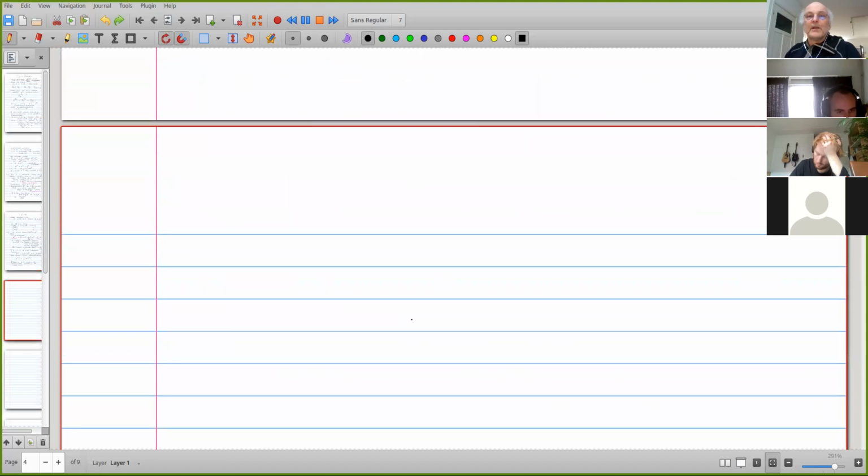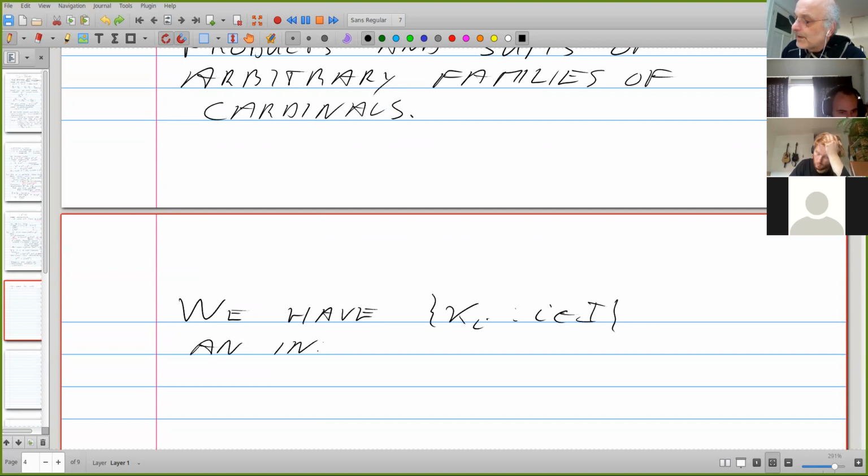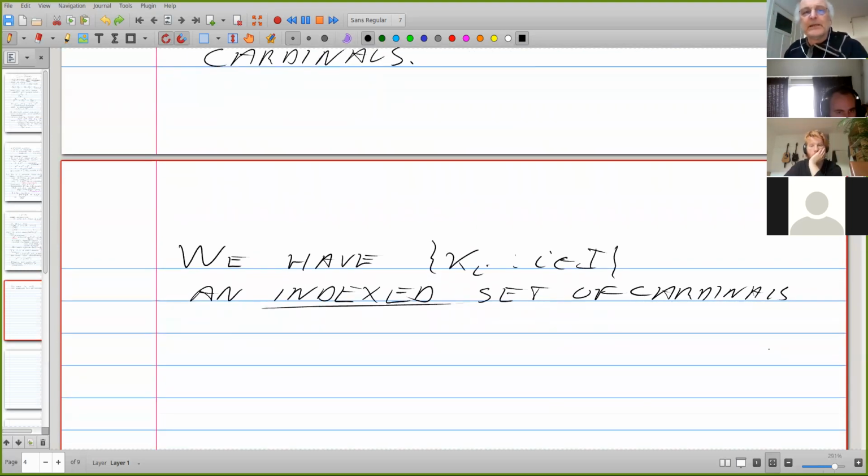Okay. So we have... the set is indexed, so maybe we should actually turn it into a sequence, but okay, the ordering is not completely necessary there.